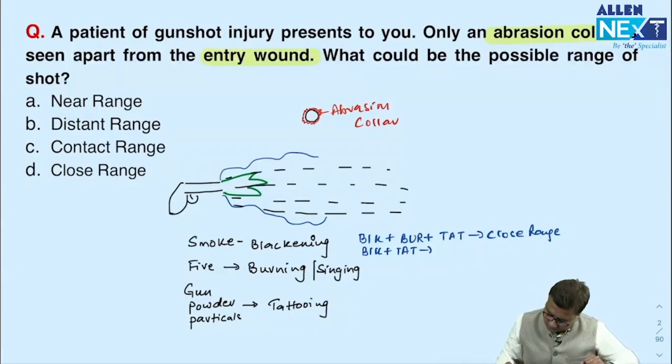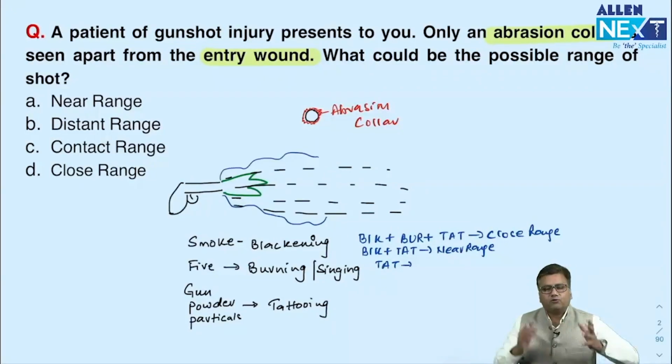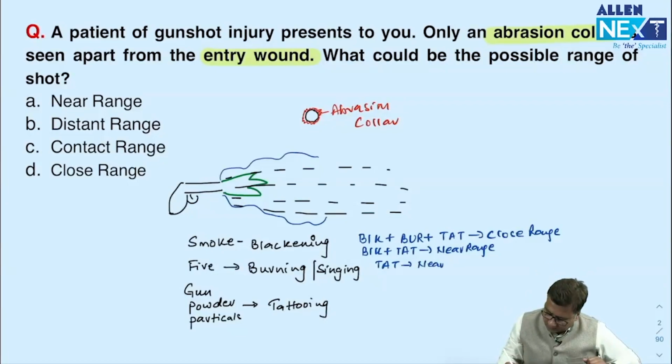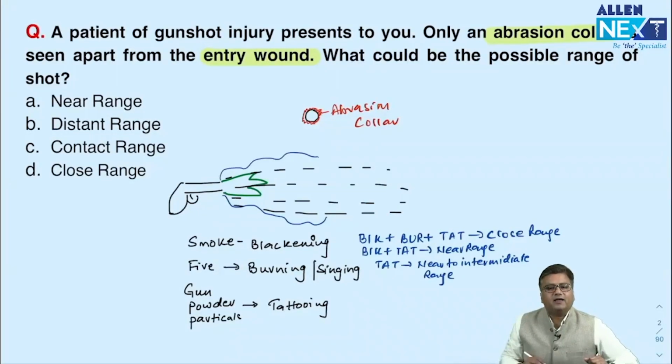It is called near range. Okay. If only tattooing is present, it could be near to something called an intermediate range.